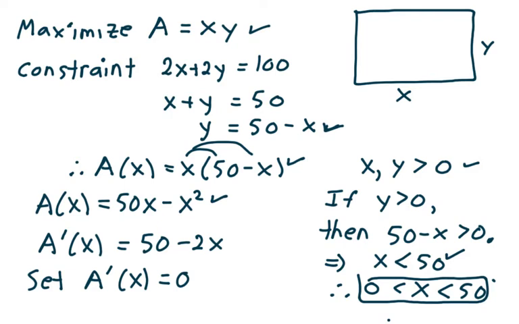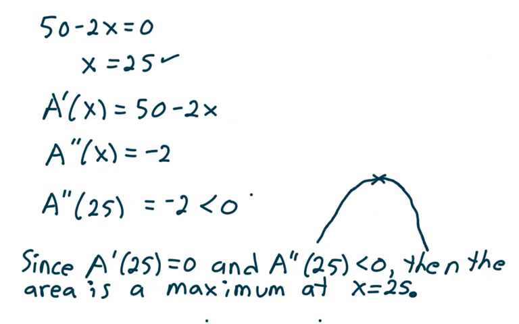Take the derivative to get 50 minus 2x. So I'm going to set the derivative equal to 0 and solve for x. And what I'm doing here is finding the critical number. And so in this context, x is 25. Now, I'm going to apply the second derivative test. And so I start with the derivative, which is A prime of x is 50 minus 2x.